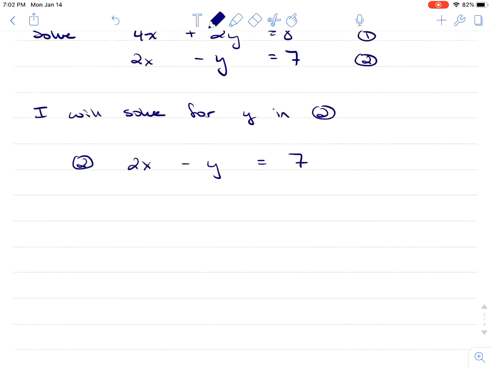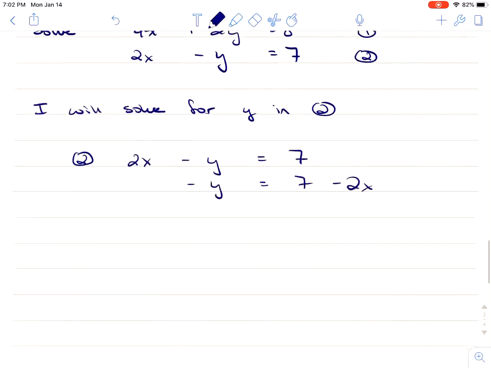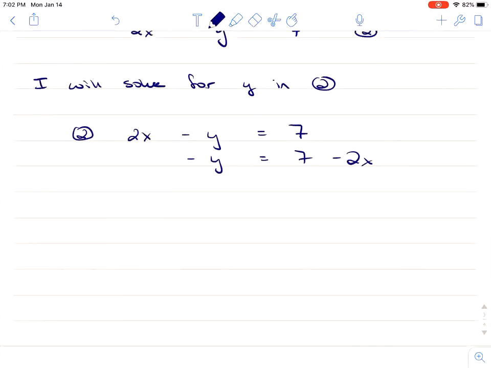I need to move the 2x over, so I subtract 2x from both sides, so I get negative y is 7 minus 2x. Then I've got the negative y, so I need to move that negative over, and even though we're technically dividing by -1, I just multiply it by -1. That gets rid of it too. So then we get y is negative (7 minus 2x).